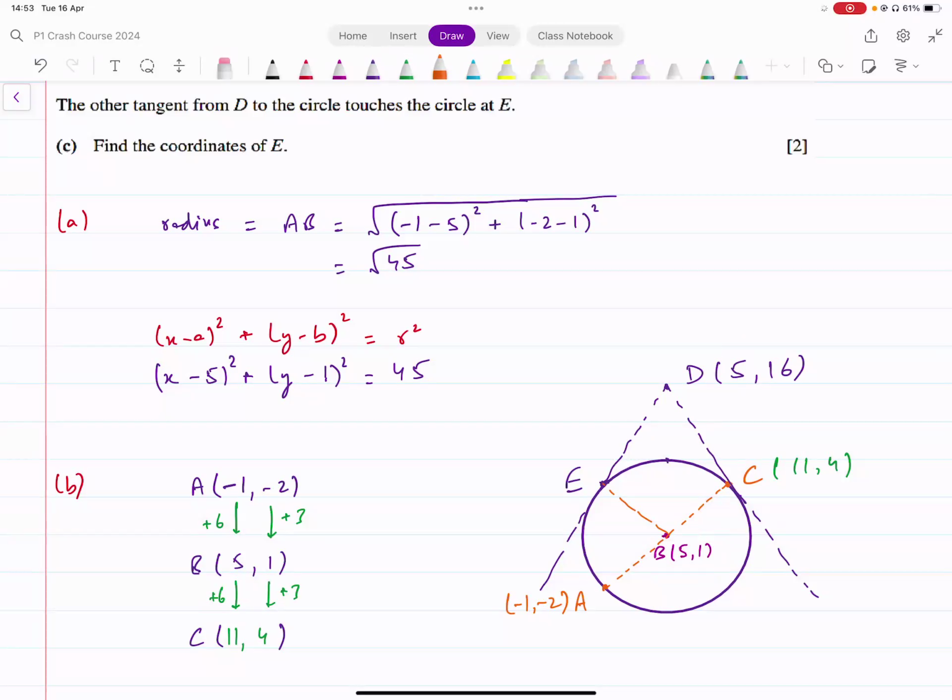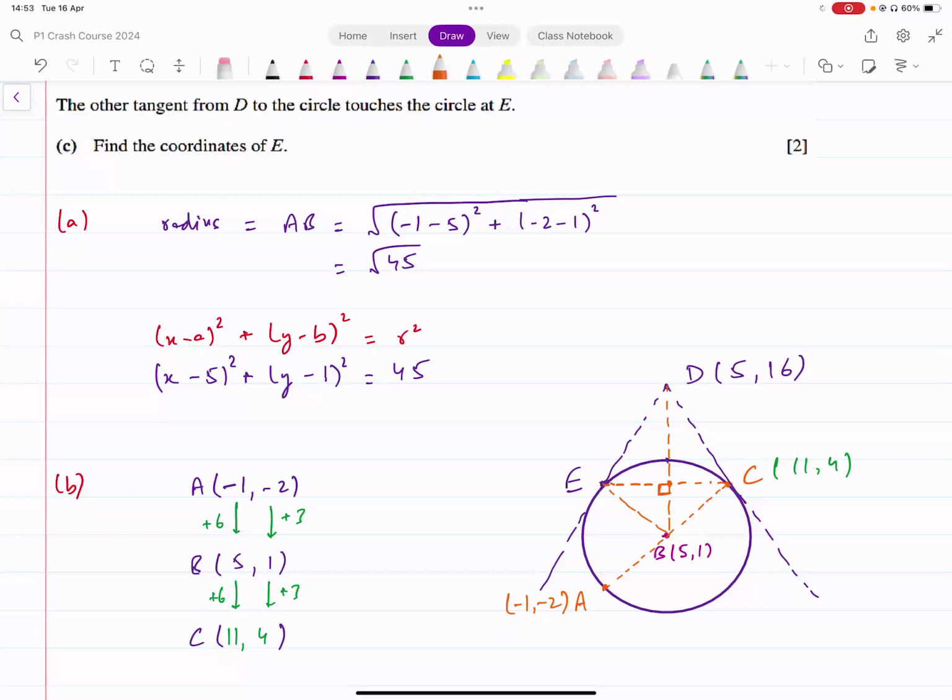And what do we know about a kite? The diagonals of kites are perpendicular to each other. And one of the diagonals also meets at the midpoint.